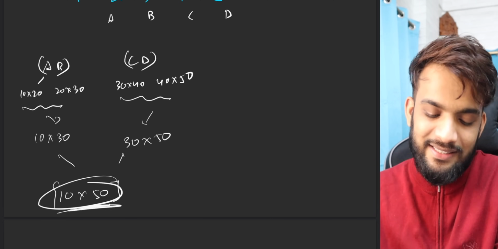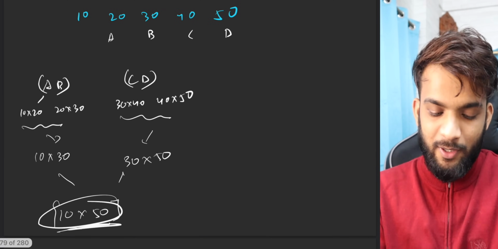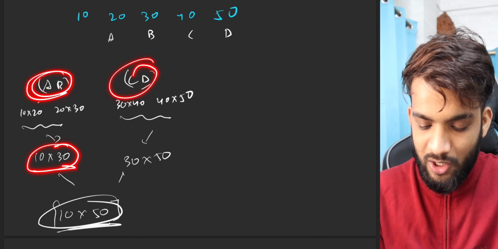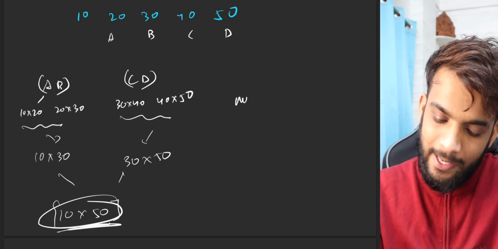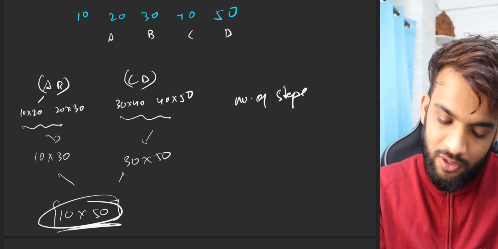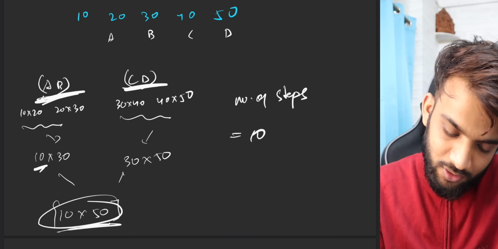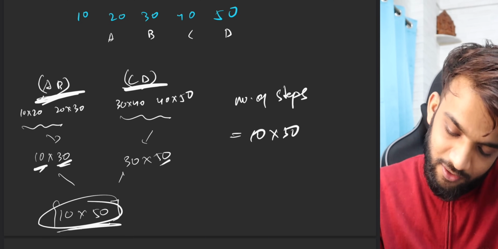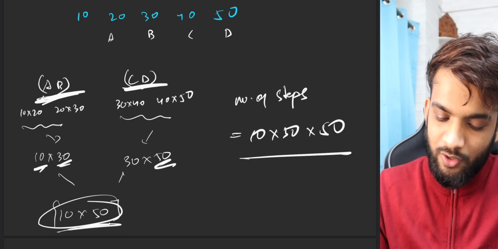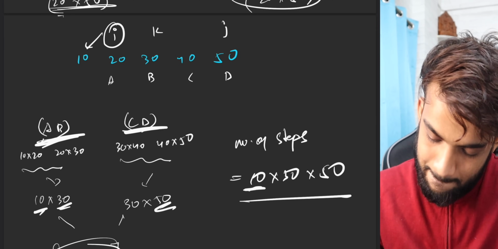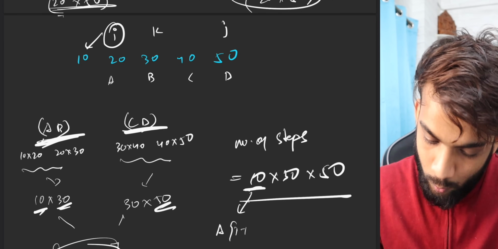So can I say the number of steps, because at the end of the day, AB was 10 cross 30 and CD was 30 cross 50. So the number of steps, if you take CD and if you take AB, will be 10, 30 and 50. So again, you can relate. What's 10? A of I minus 1. What's 30?